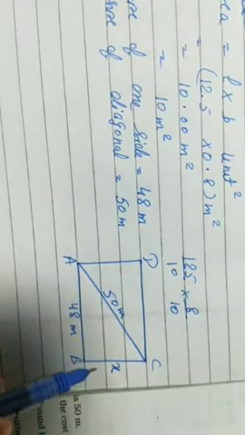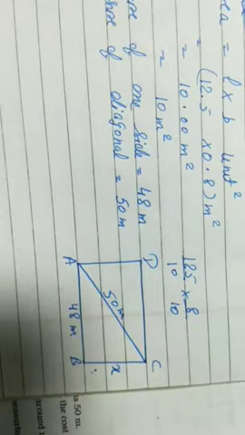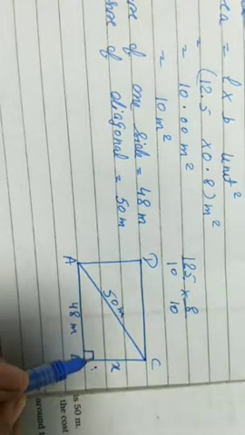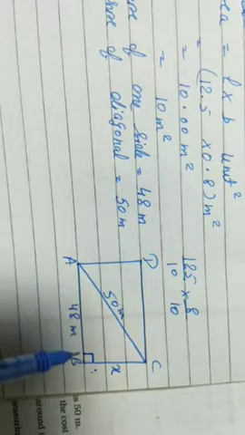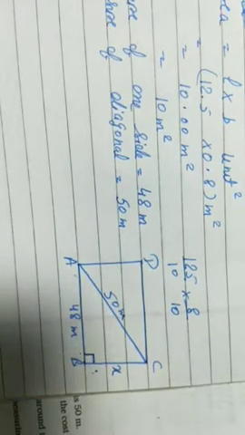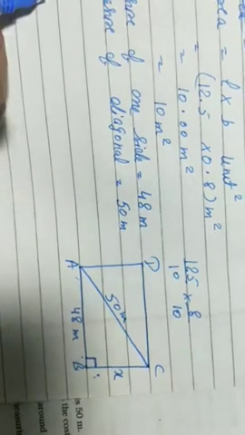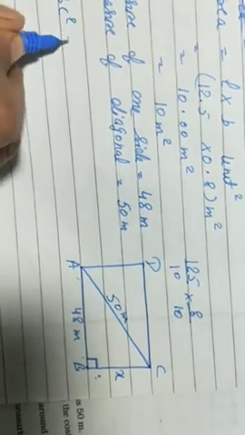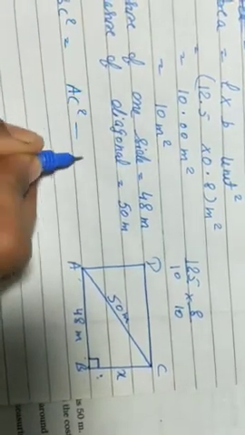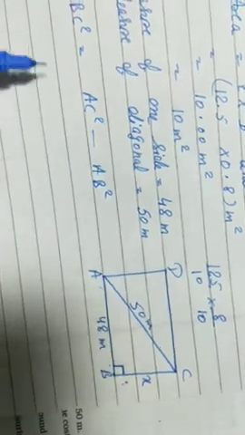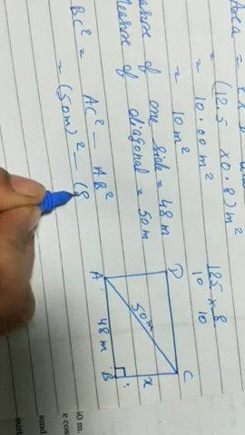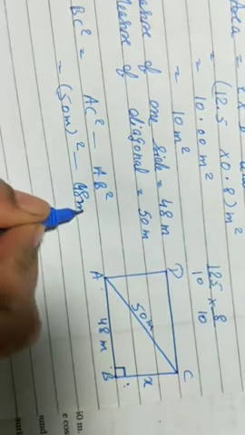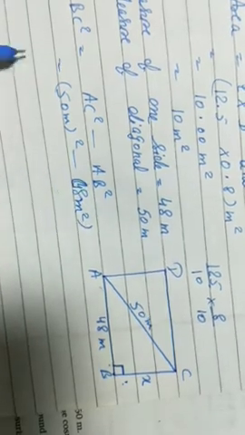Let us take BC as X, which we have to find out. Now you are already aware this is a right angle triangle, and by Pythagoras AB square plus BC square is equal to AC square. We have to find out BC square, then BC square is equal to AC square minus AB square. That is equal to 50 meter square minus 48 meter square.